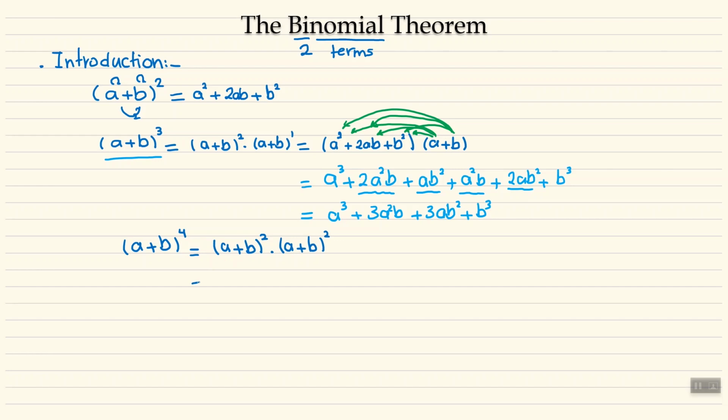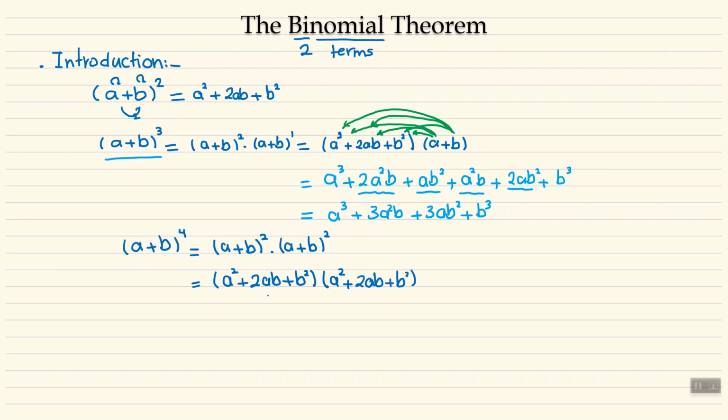A plus b to the power of 2 is the trinomial that we wrote earlier, which is a squared plus 2ab plus b squared. And the other one is exactly the same. So it's a squared plus 2ab plus b squared.